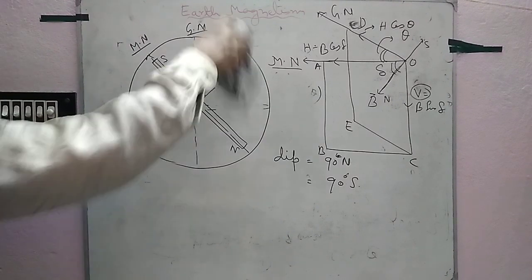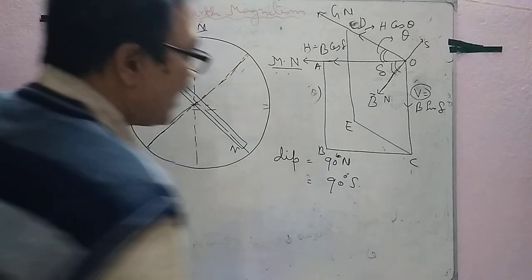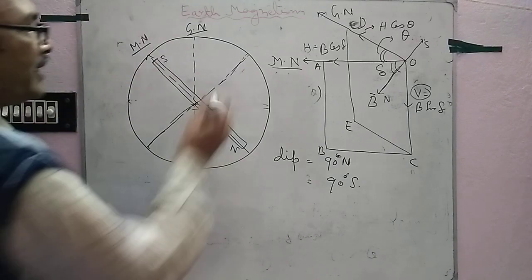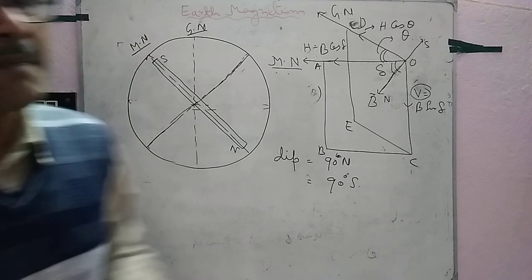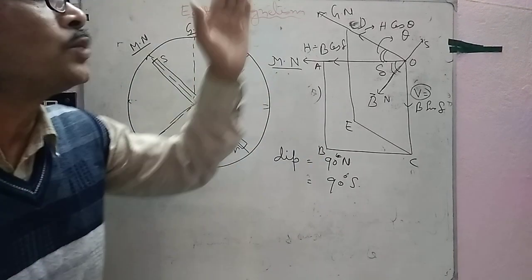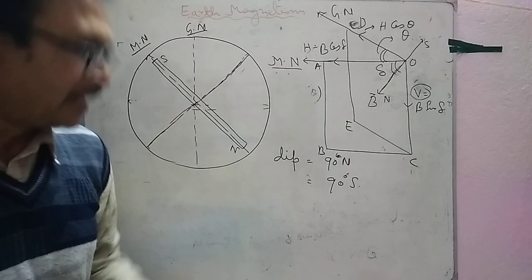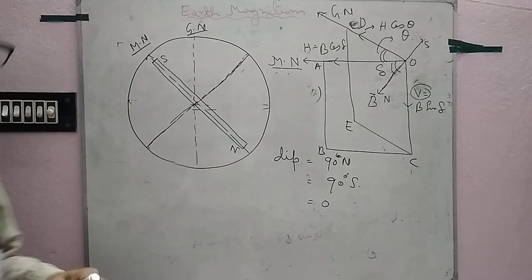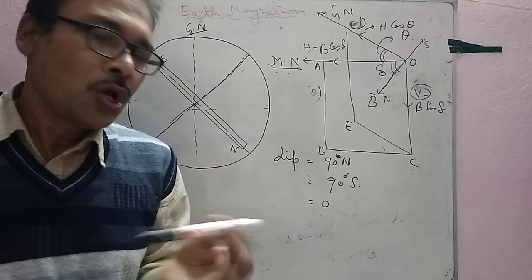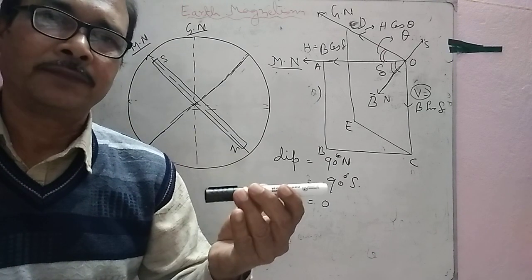This is magnetic equatorial plane. Okay. So at magnetic equator, if we place a magnet or magnetic compass at the equatorial plane of magnetic on the earth surface, the angle of dip will be 0 degree, because the magnet is totally in its horizontal position.